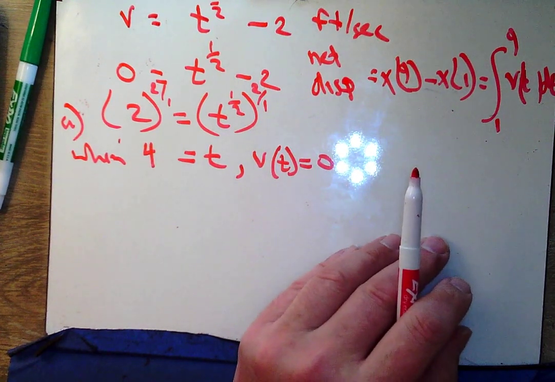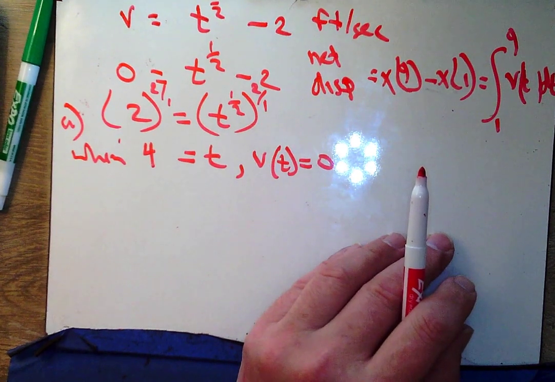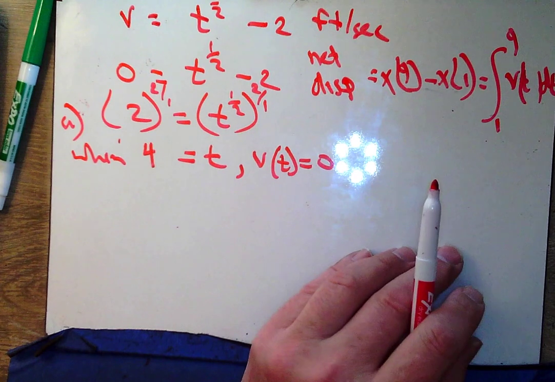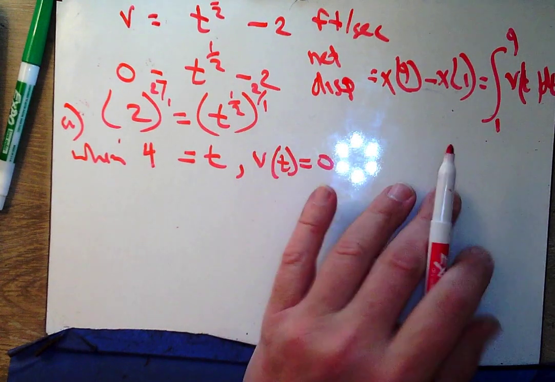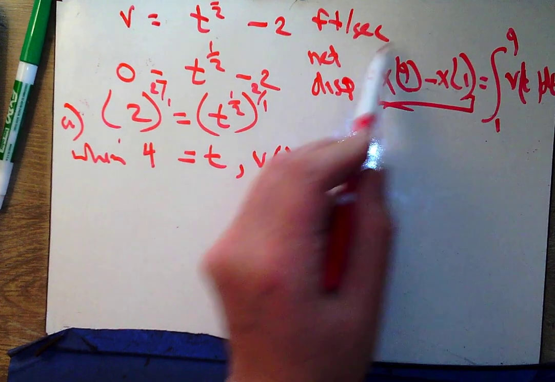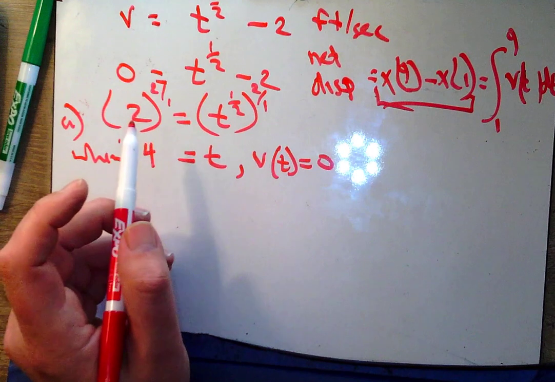Now, do we know position at 1? I don't know that. Okay, so I know I don't need to find that because I'm looking for displacement. I'm looking for this minus this. That is the displacement.